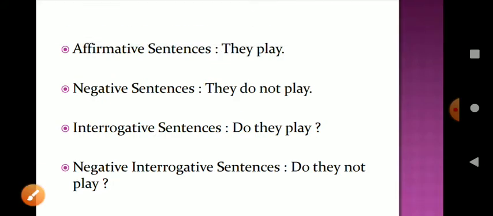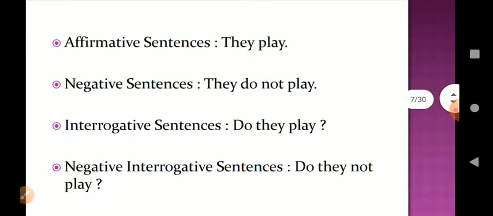Negative sentence means they do not play. A negative sentence contains no, not, or never in the sentence. Interrogative means which asks questions, and negative interrogative means which asks a question also but in a negative way. This is the form of how to make sentences in simple present tense. Different kinds of sentences are here.